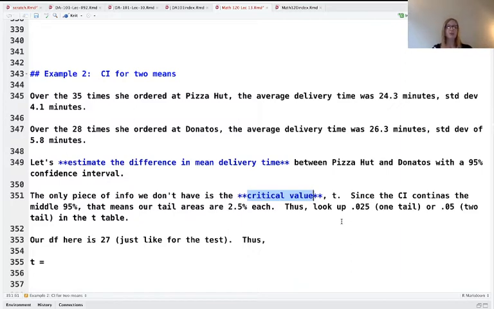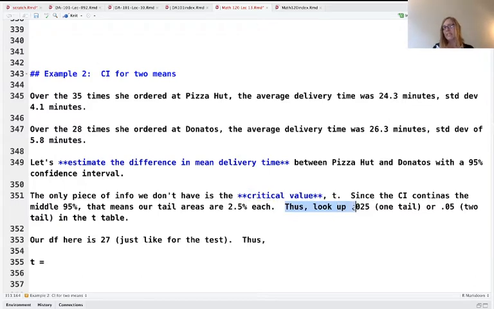Remember how this goes. My head is the curve. We've got 95% of it in the middle. And that means the leftover for the two tails, they've each got 2.5%. So that's 5% total for the two tails, 95% in the middle, and we've got everything accounted for.